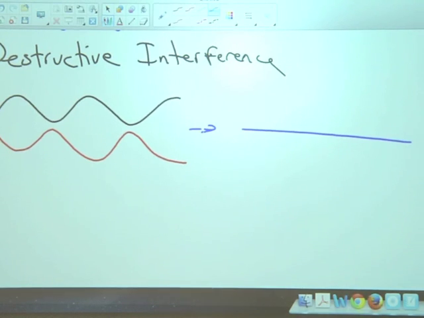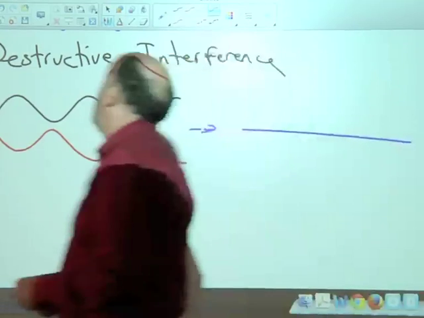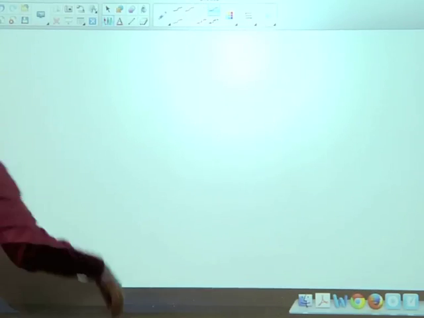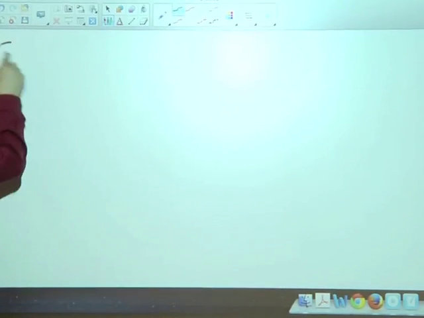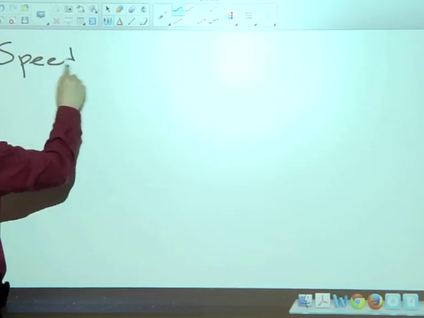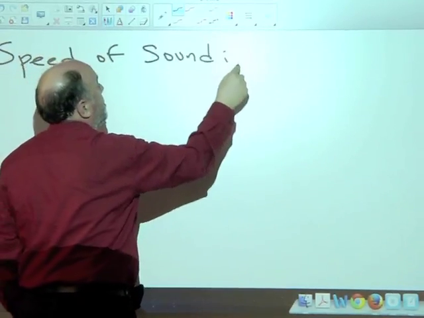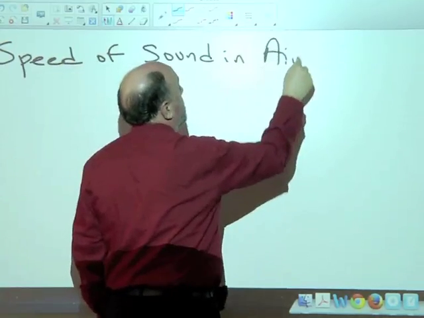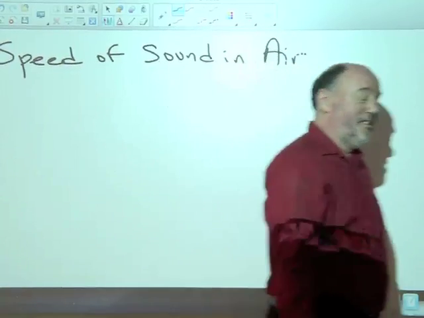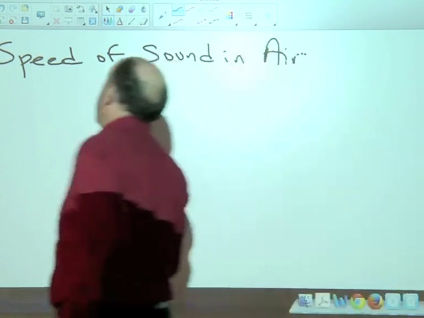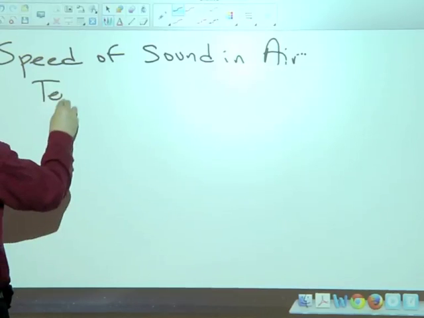Now, in terms of the speed of sound, the speed of sound in air is dependent upon a variety of different things. One of the things it is dependent upon is the temperature of the air.